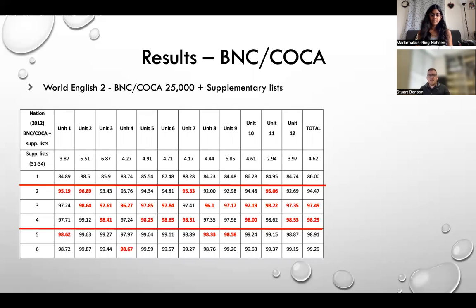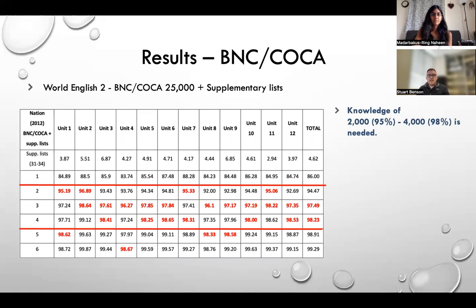So after the analysis, here are the following results. This is the table for World English 2, the lower level textbook out of the 2. And this was analyzed through the BNC COCA 25,000 words plus the supplementary lists. I have put 2 red lines here to show you the base where we want to get.